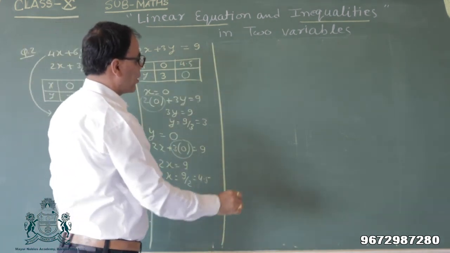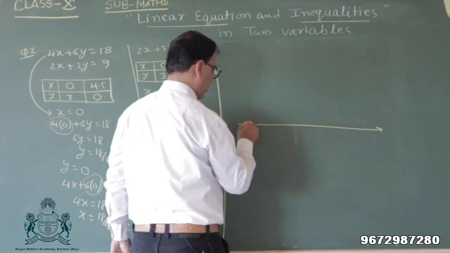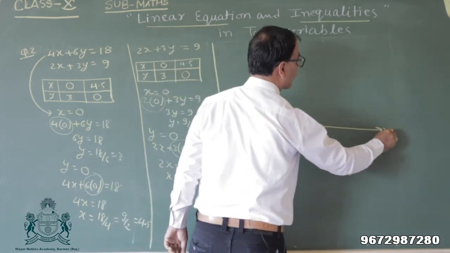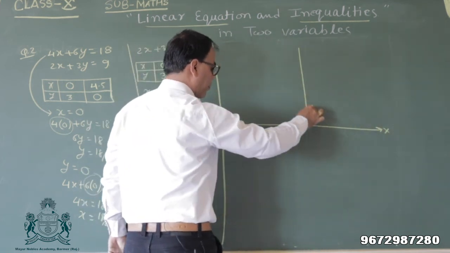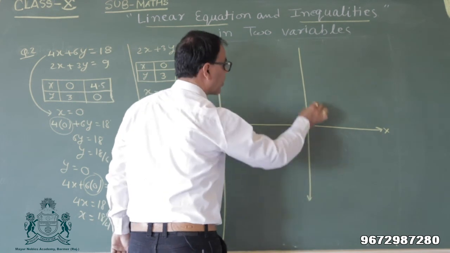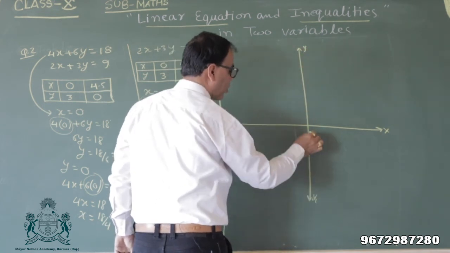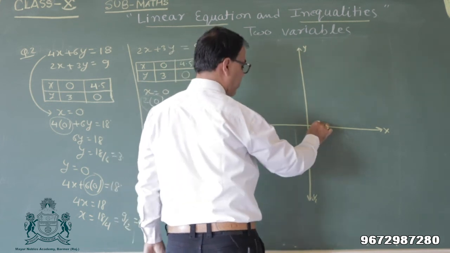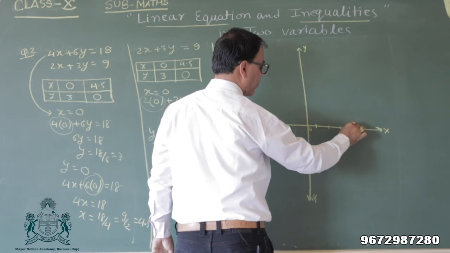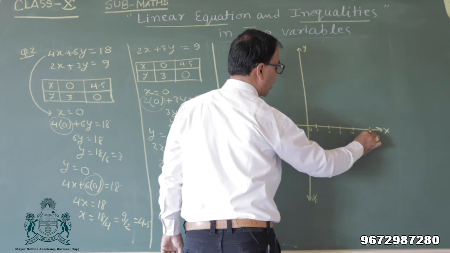This point is denoted on the graph. X-axis, x1, y-axis, y1, origin point O, positive number 1, 2, 3, 4, 5.